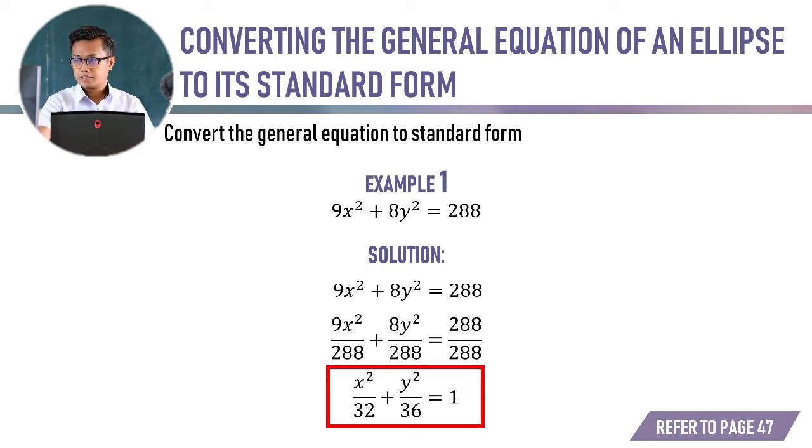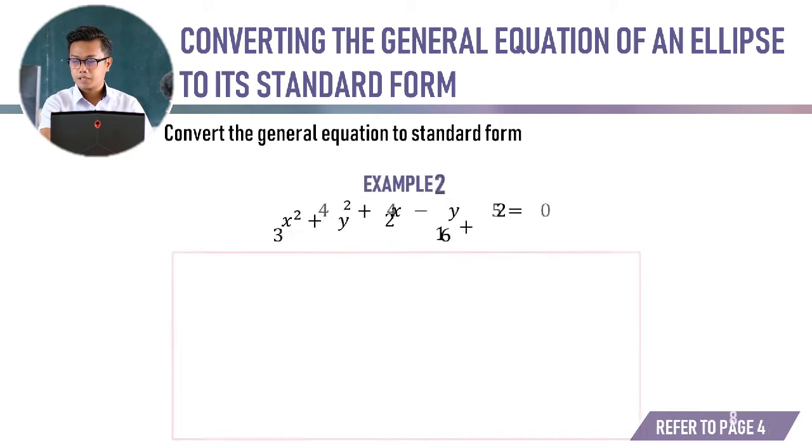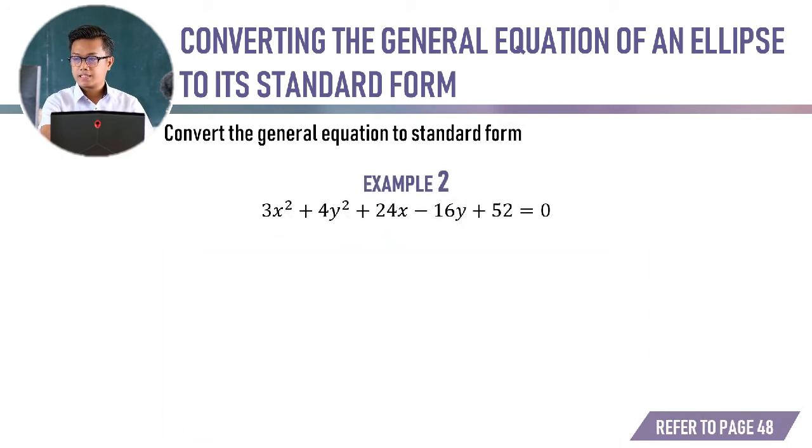We have here example number 2. So the given is 3x squared plus 4y squared plus 24x minus 16y plus 52 is equal to 0. Now you have noticed that we have here your x variable and your y variable.